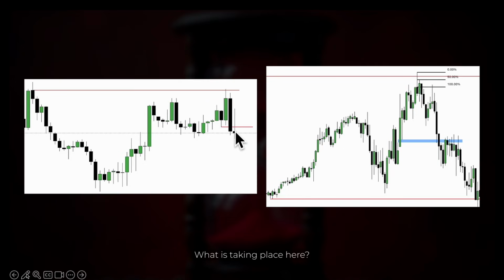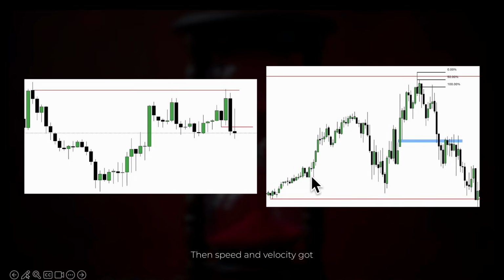What is taking place here? Well, inside of this final run higher, followed by this reversal, followed by the sudden down close candle right here, you will see a lower time frame market maker sell model. When you pay attention to the lower time frame chart on the right, what you can see is that the market consolidate for a bit and it slowly began expanding towards the upside.